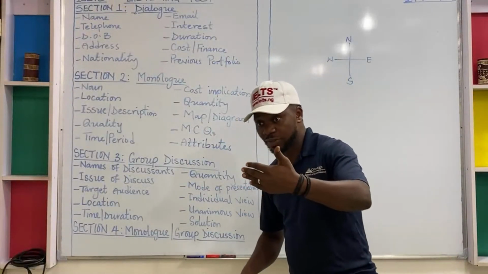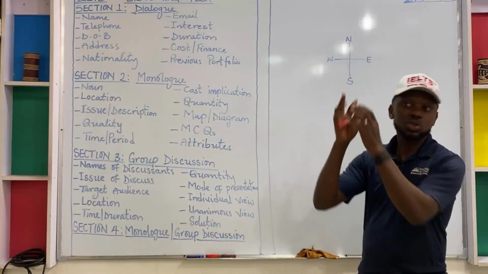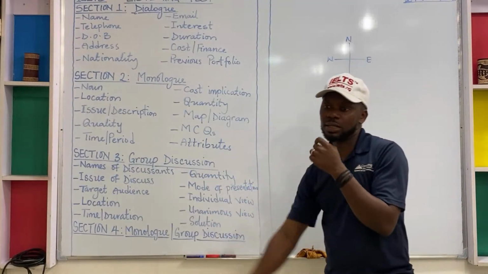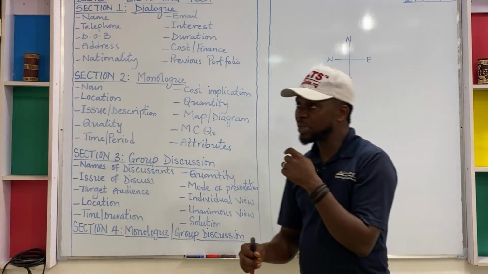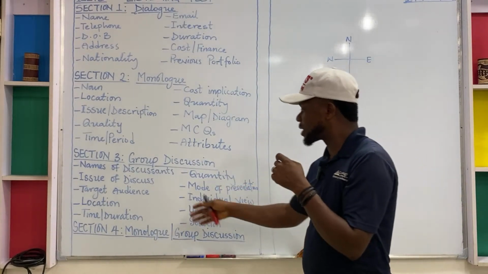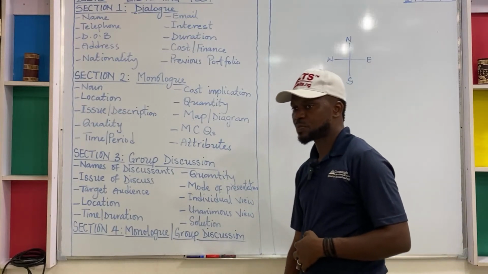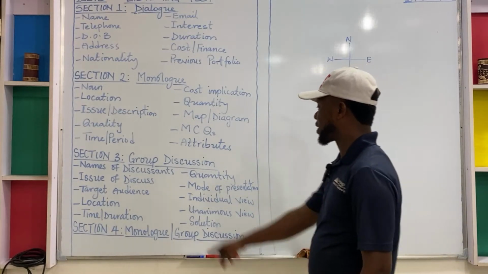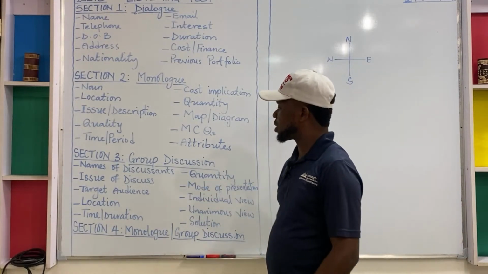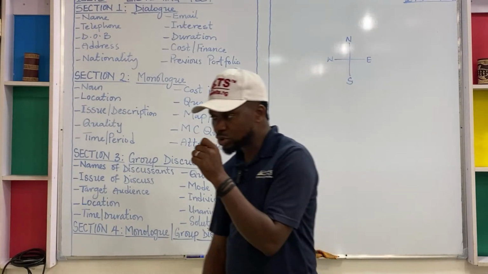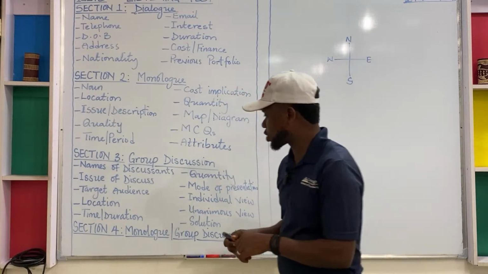But in the course of listening, you would use their names to detect an answer. Do you understand this? As we proceed, I'll show you where the name might be an answer or help you get your answer. But the names of the discussants would come in first. Then secondly, what have they assembled to talk about? The issue of discourse or discussion.